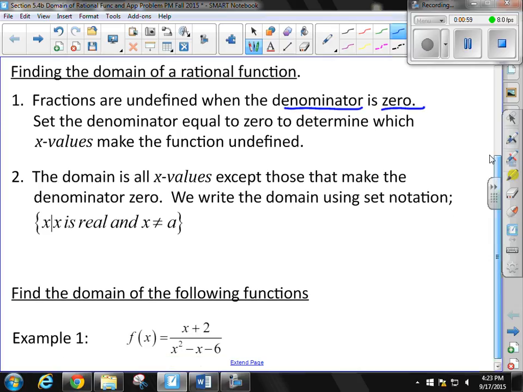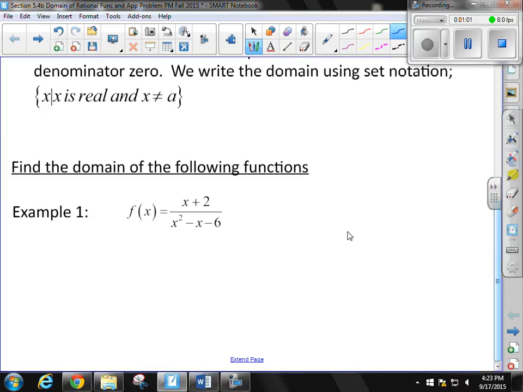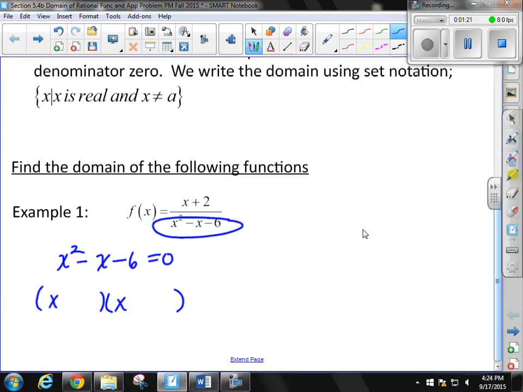So let's do some examples. Example 1, find the domain of the following function. So I have to look at what makes the denominator equal to 0. x squared minus x minus 6 equals 0. Now this is a nice trinomial with a leading coefficient of 1, so I know x squared factors as x times x.